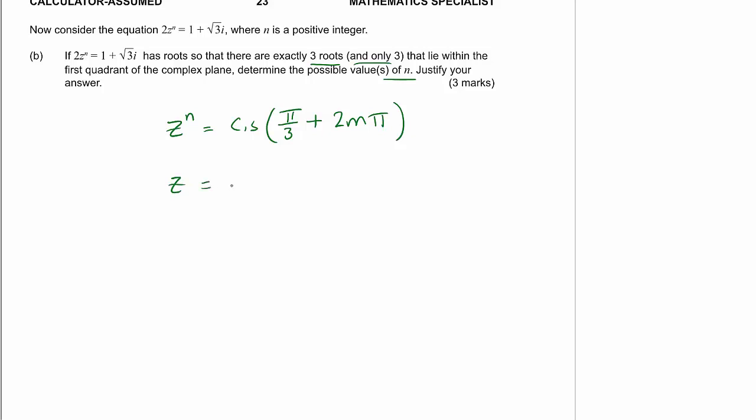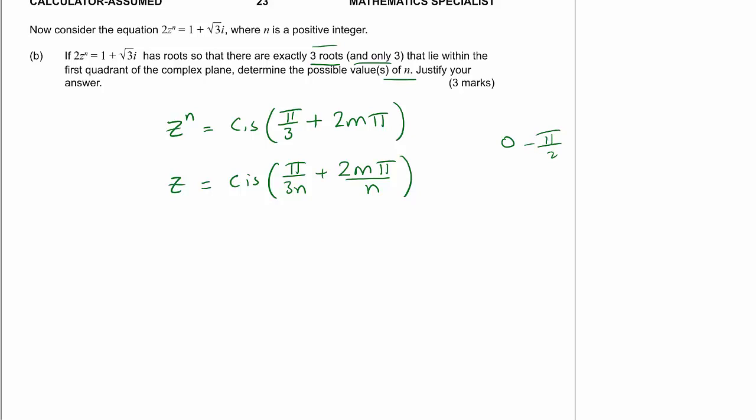And then our z is going to be cis pi over 3n plus 2m pi upon n, like so. Now we want to figure out where there's 3 and only 3 of these between 0 and pi by 2.